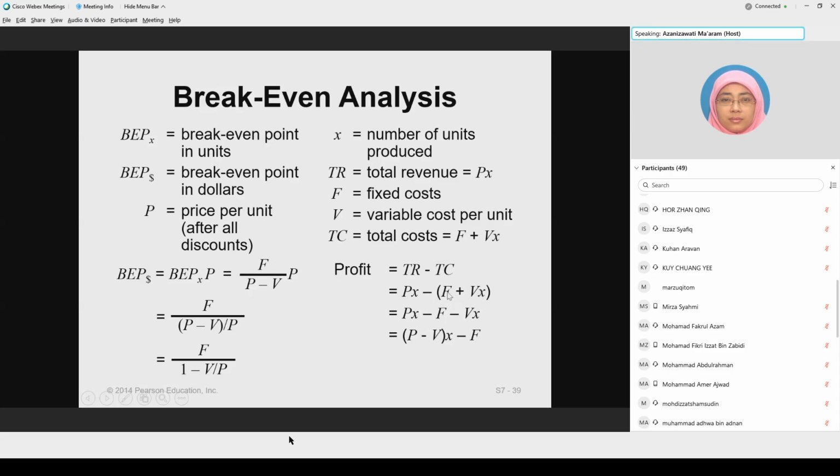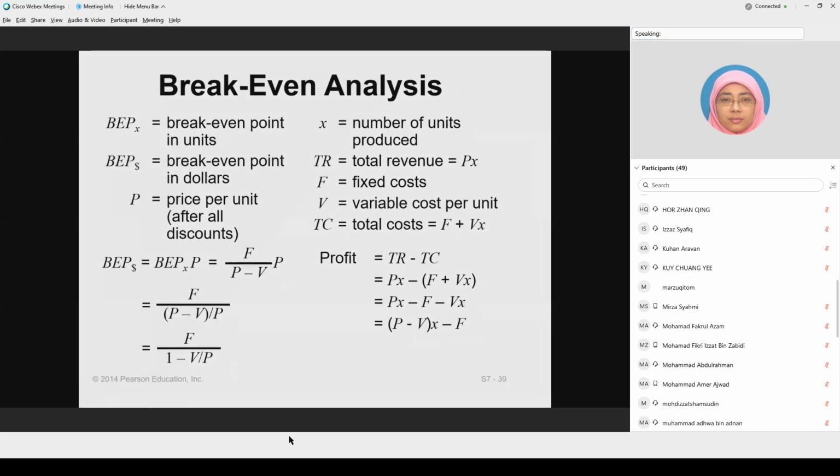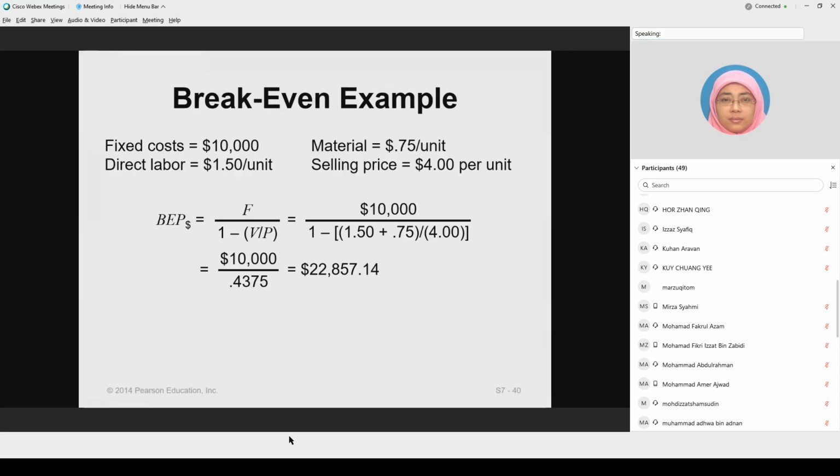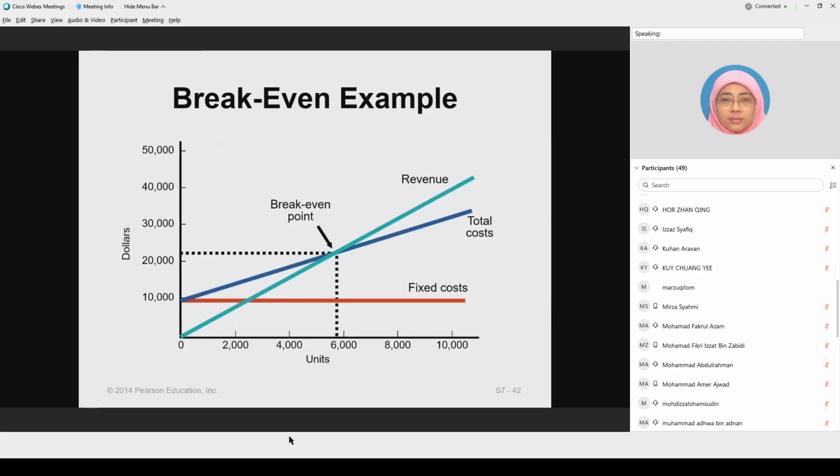So you take out the bracket: Px minus F minus Vx, then P minus V in brackets multiplied by X, minus F. So this is the profit. Okay, this is very simple.